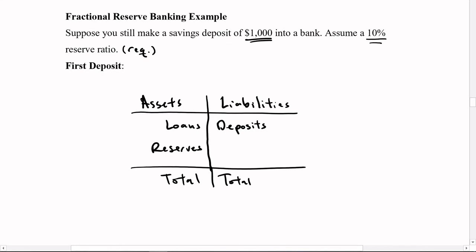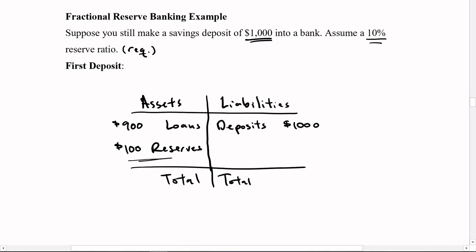Has to balance. So again, we're starting with our $1,000 deposit. 10% of that must be kept as reserves. And so that's going to be $100, 10% of 1,000, or just 1/10. And so 10% are kept as reserves, and $900 are lent out from the bank.